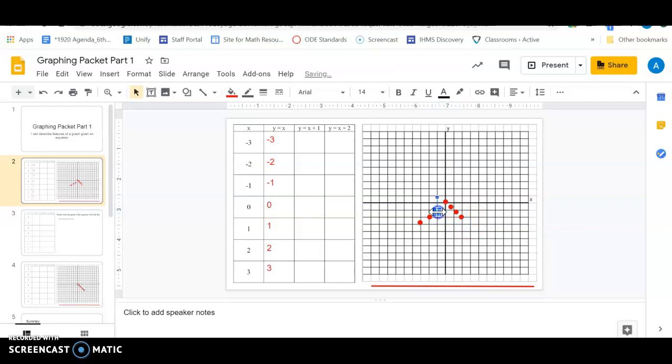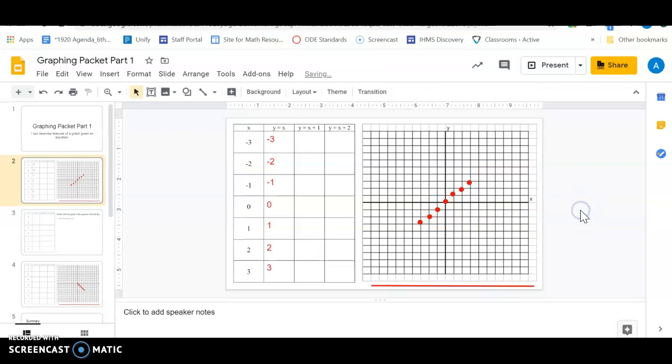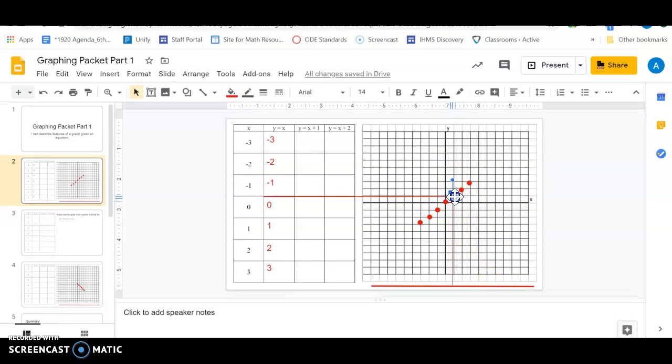I've got 0, 0 already plotted for me. 1, 1, 2, 2, and 3, 3. So I have plotted these points, and you will notice these points make a straight line.